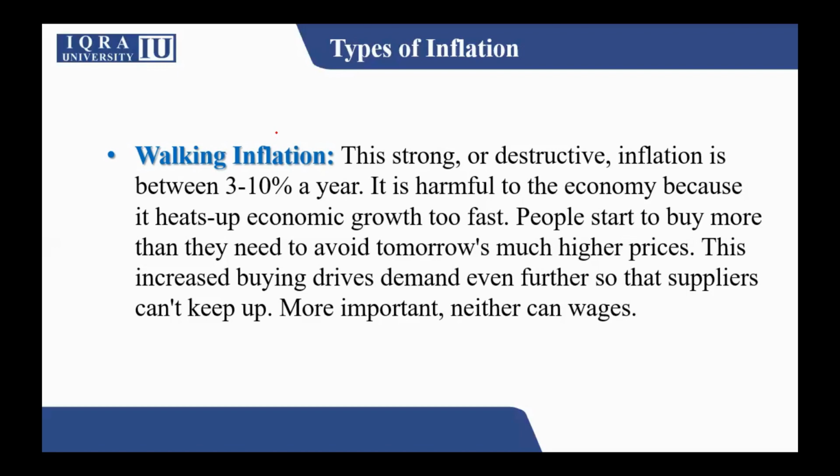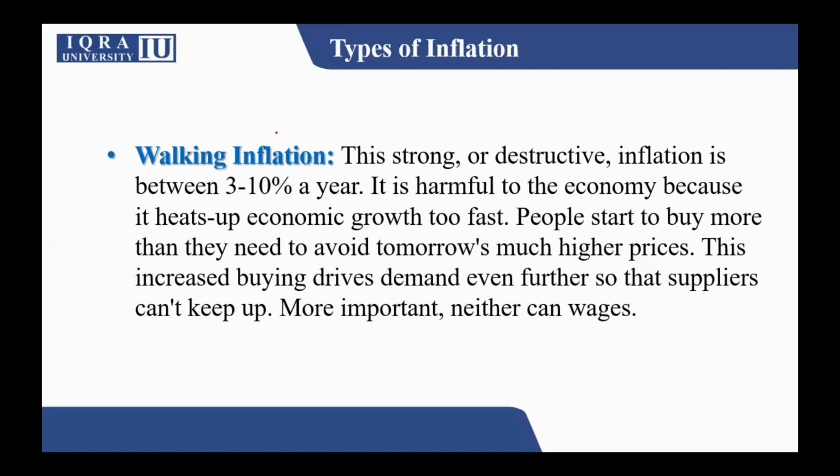So people will start buying more and more, and suppliers can't keep it up. It's difficult for them because, more importantly, wages are going to start rising, and the cost of manufacturing the goods, or the cost of inputs, will also rise because of the higher inflation.